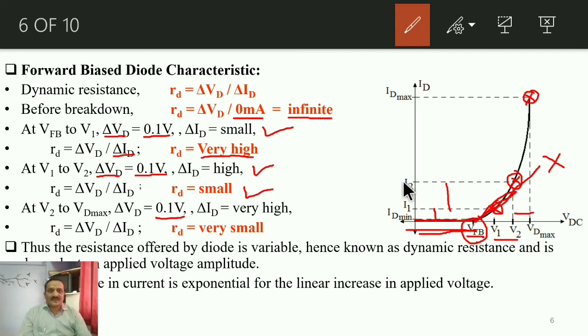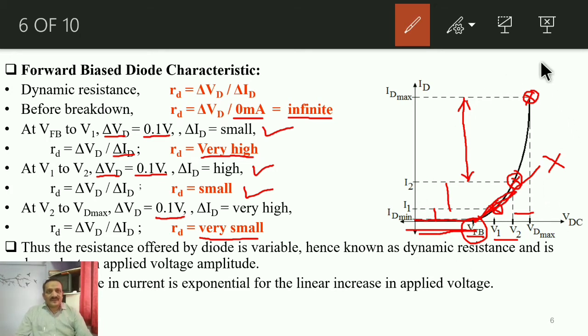At V2 the current was I2, and at VD max the current will be ID max. So this is the change in ID, and you can easily observe that the change in ID is very high as compared to previous cases. And as it is very high, the dynamic resistance offered between those two points will be very, very small.